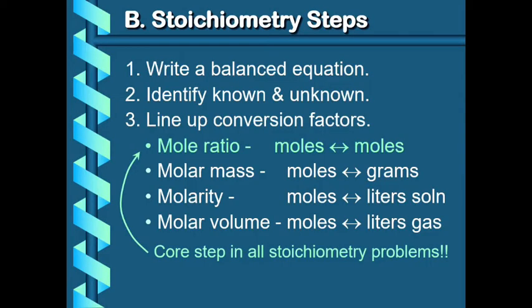So heading back to this slide, again, the mole ratio is our core step, and it will be in all problems that we do. The mole ratio is what allows us to move from information about our known substance to our unknown substance. That's also why it's going to be extremely important that you label all of your substances within your grid as you're doing your math.